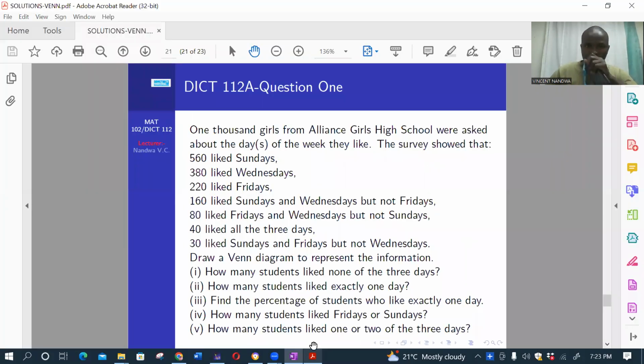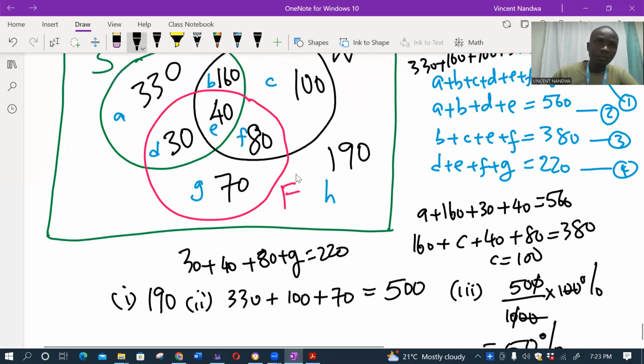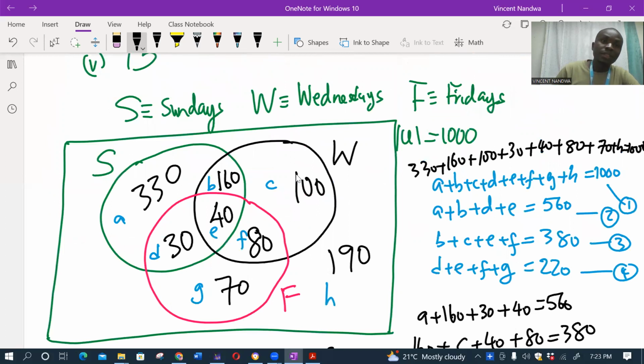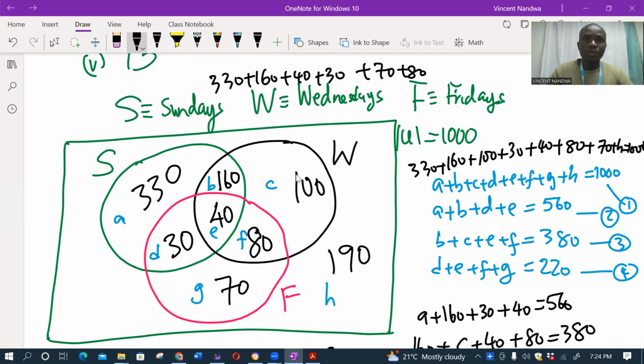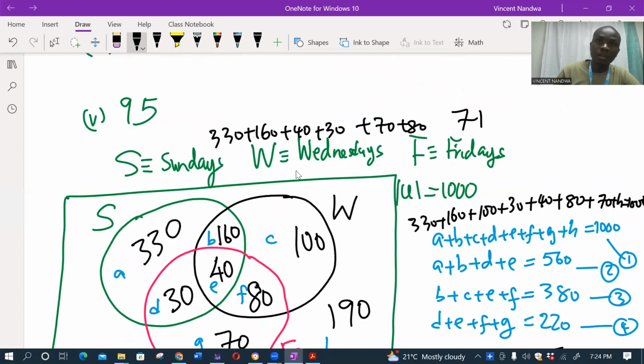And then, how many students liked Fridays or Sundays? That means you are in F or S or both. So F and S will be 330 plus 160 plus 40 plus 30 plus 70 plus 80. We get 710. So the answer will be 710.